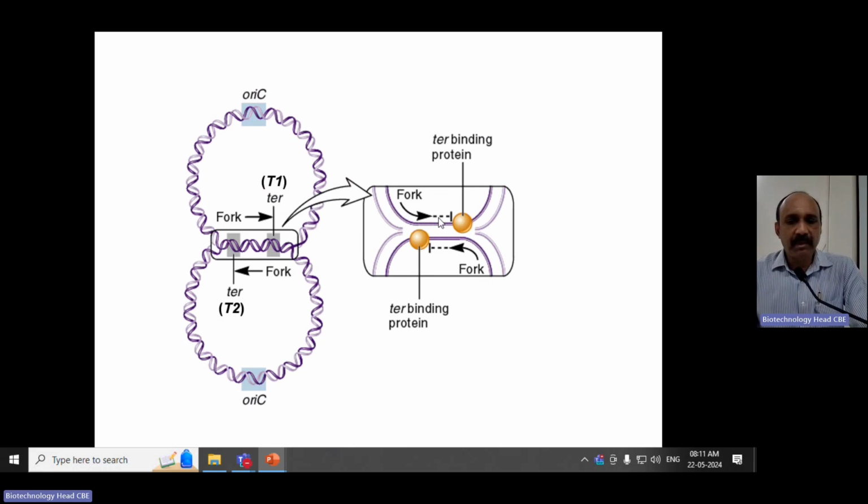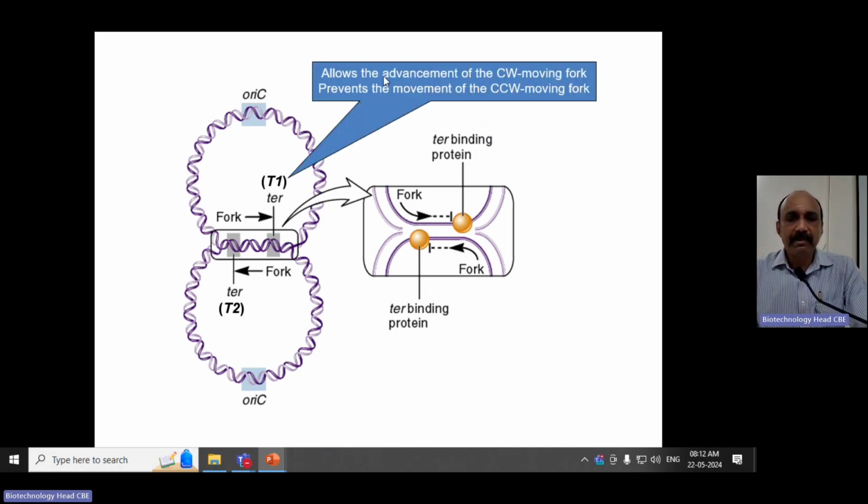When the fork arrives, the TER binding protein, the termination binding protein, attaches here, and it will not allow the anti-clockwise fork. And when it attaches there, it will not allow the clockwise fork. So T1 allows the advancement of the clockwise moving fork and prevents the movement of the counterclockwise moving fork.